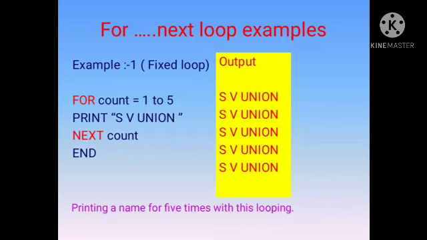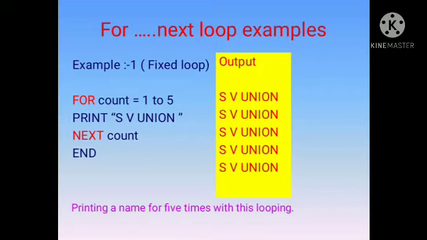Now we are going to see For Next loop examples one by one. Example 1 is about fixed loop. In front of For we can see count is equal to 1 to 5. These are fixed numbers given from 1 to 5. For that, the computer will type SVU on the screen.